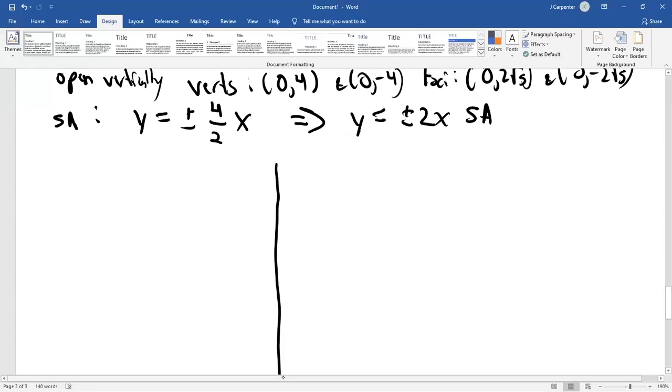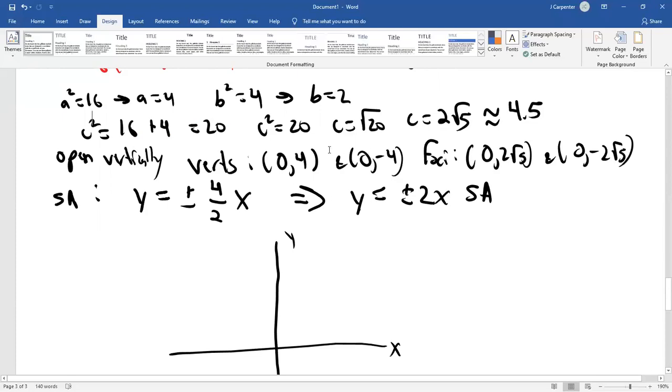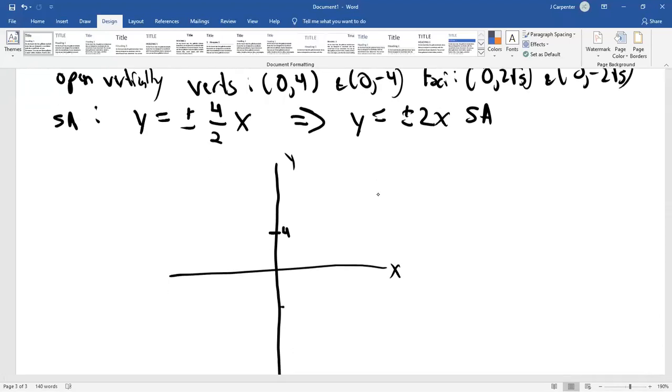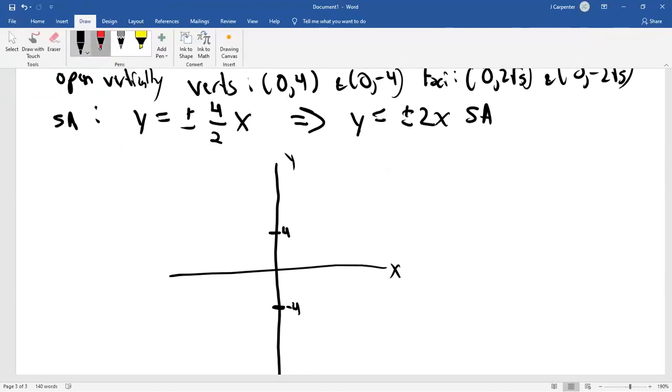Give myself a decent amount of space. So once again, the vertices, the real vertices, are (0, 4) and (0, -4). So let's put them maybe about here and here. So there's our vertices. These are real points in red.